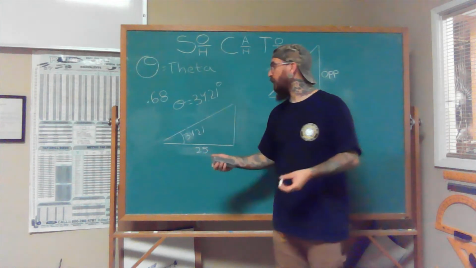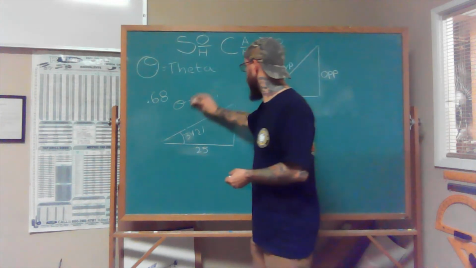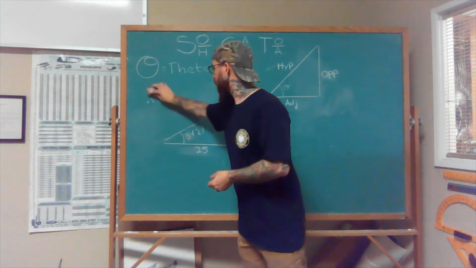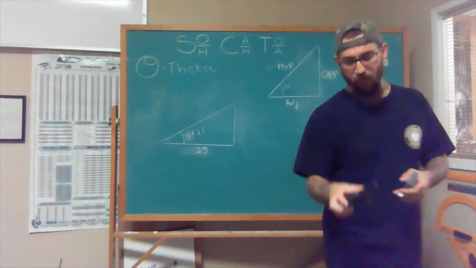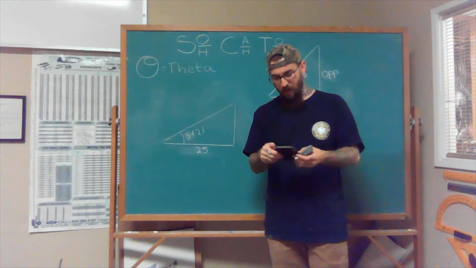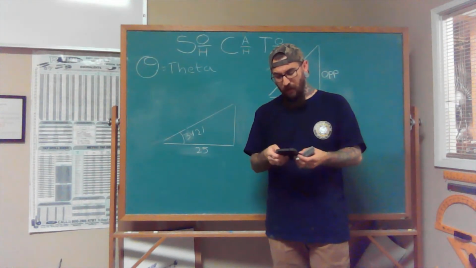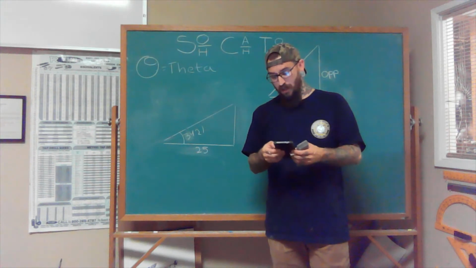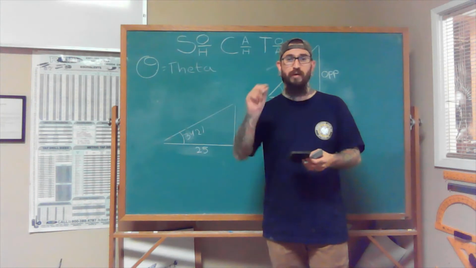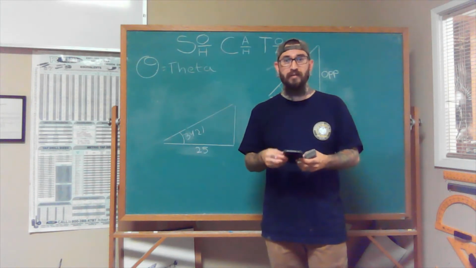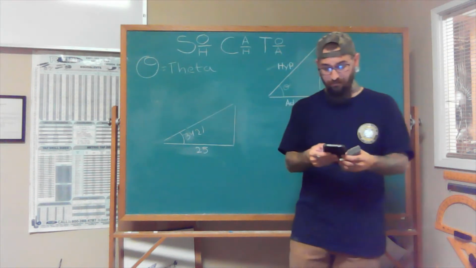I'll explain that a little bit better. So go ahead and pull out your calculators and follow along. We want to make sure, once again, that we're in degrees, and we want to take the inverse off. We want to make sure that there's no negative sign next to tangent, sine, and cosine.